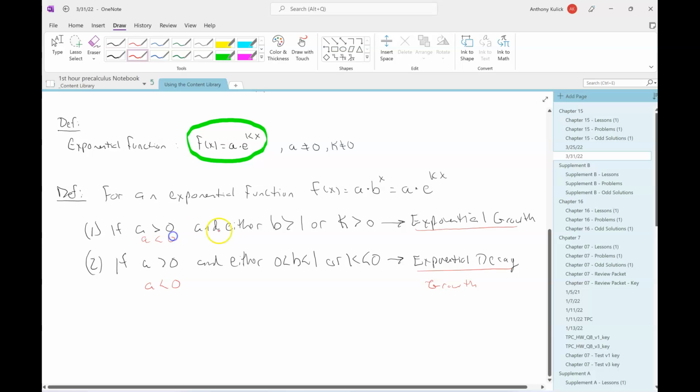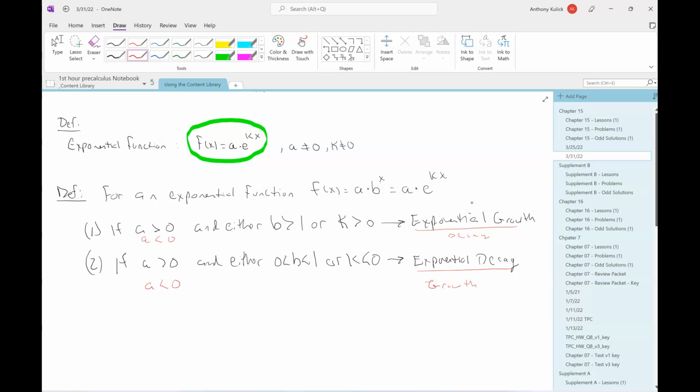And if A was negative and you had this stuff, this would be decay then. Is that all right with you guys? Basically, if A is negative, then the opposite is going on.